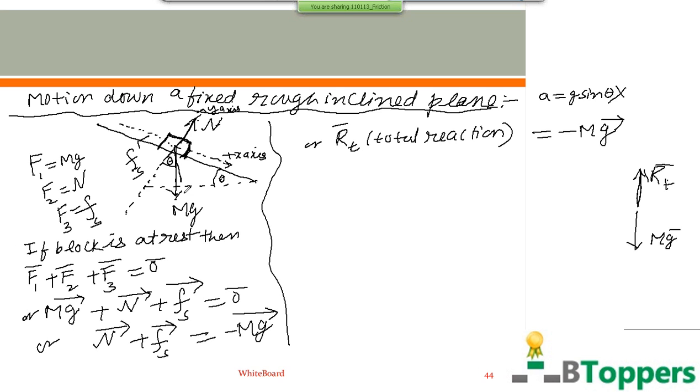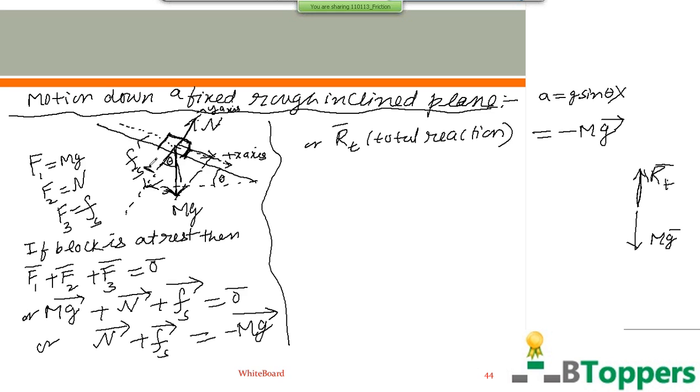So you can resolve the weight mg into rectangular components parallel to the x and y axes. Further, you can construct a rectangle with adjacent sides parallel to the x and y axes such that the weight mg acts along the diagonal of the rectangle.